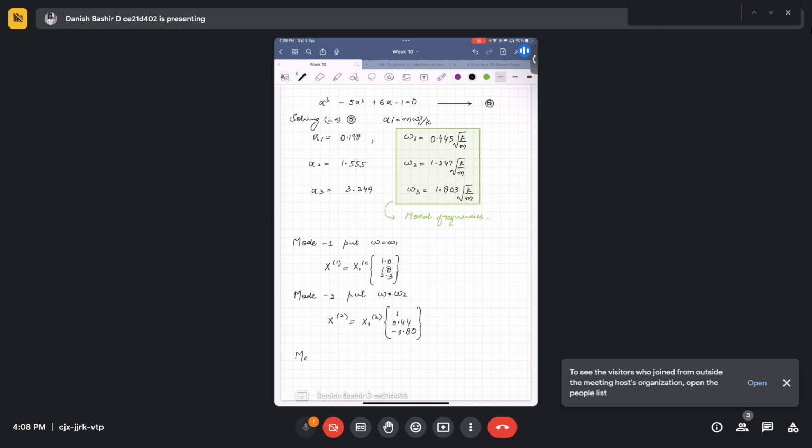This will be mode 3. Put omega equals omega 3 in equation 7.